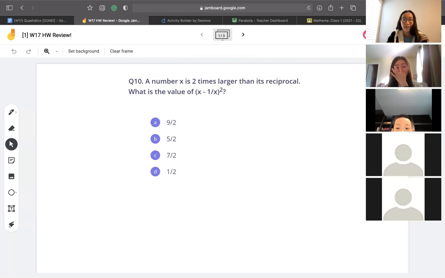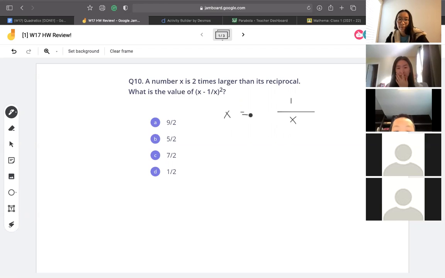Okay, so it says a number x is 2 times larger than its reciprocal. What is the value of x minus 1 over x squared? So a number x is 2 times larger than its reciprocal. The reciprocal of x is just 1 over x. And so x is 2 times larger than its reciprocal.